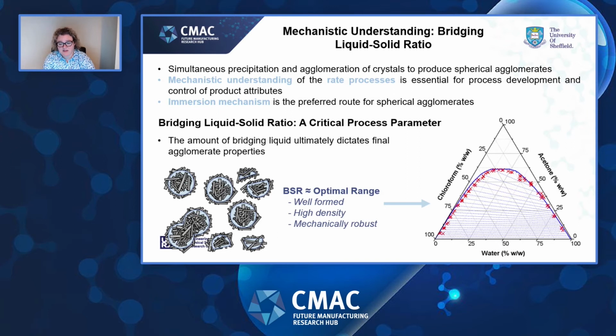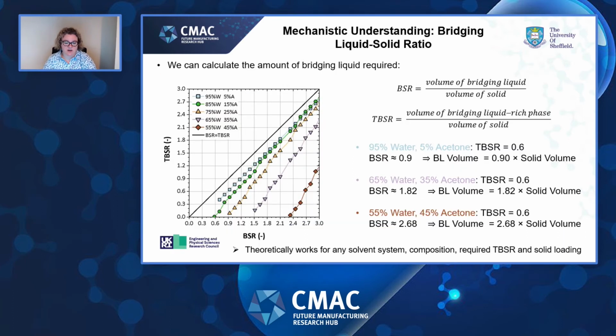If we use the ternary phase diagram, we can work out what is our actual volume of binding liquid, and also what is our actual volume of continuous phase or suspended liquid. And from there we can target specific binder-solid ratios.